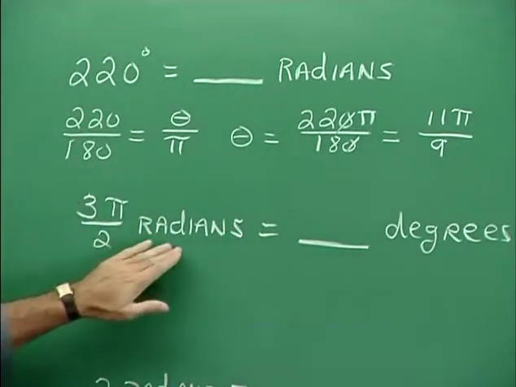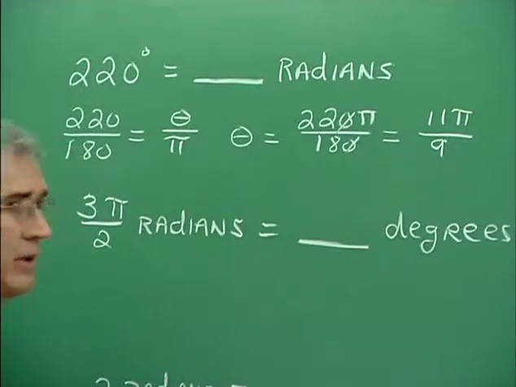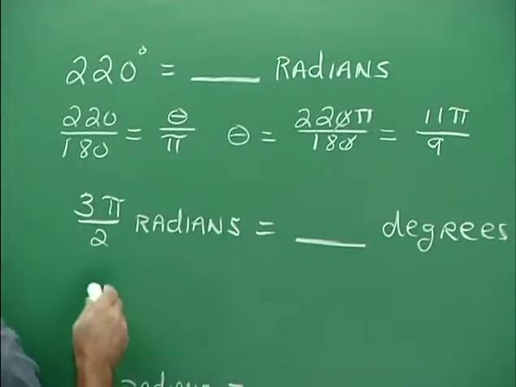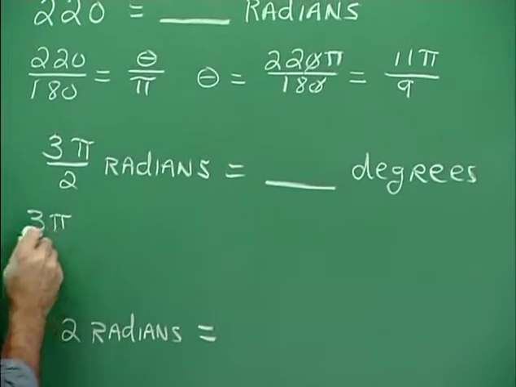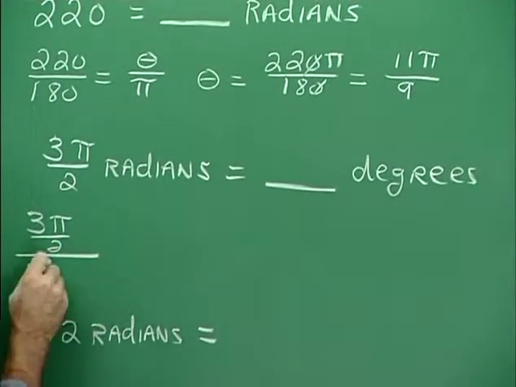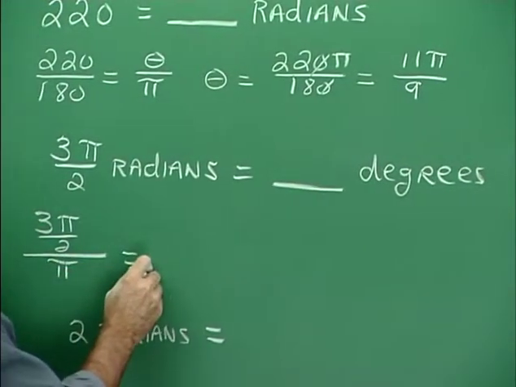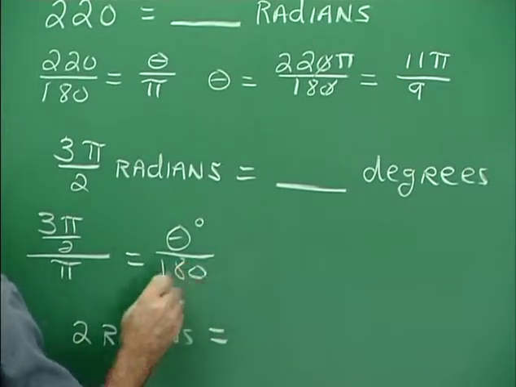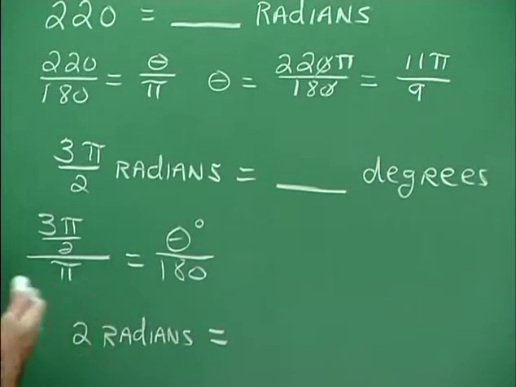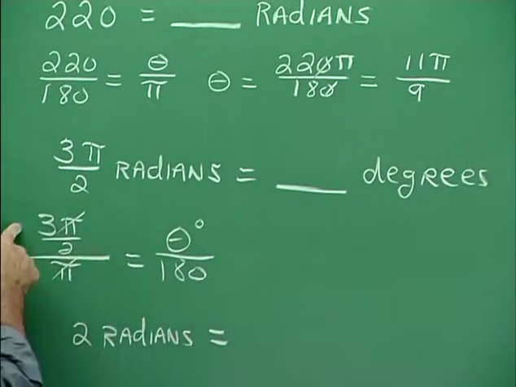How about 3 pi over 2 radians and converting to some number of degrees? Well, again, it's the same idea. We take the number of radians and put it over pi, and then this is equal to theta in degrees over 180. Now, very quickly, the pi's go out here, and we have 180 coming over here.